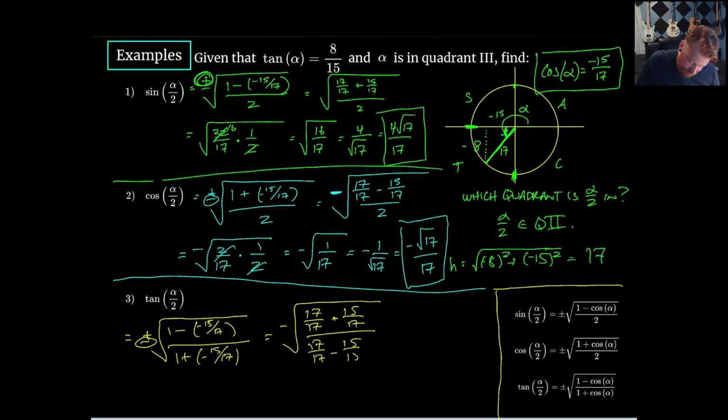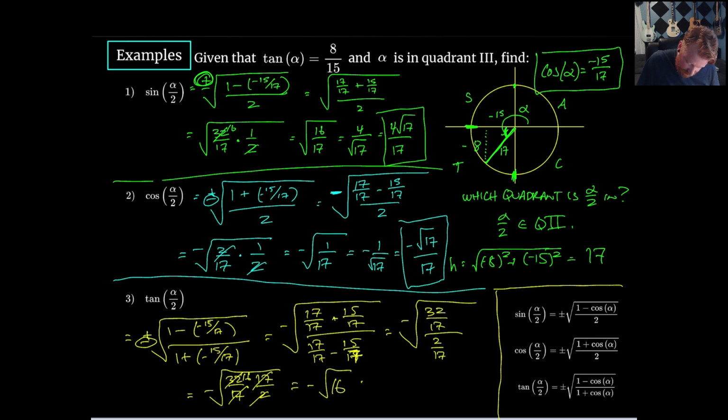This is going to give me negative square root of 32 over 17, over 2 over 17, which is going to give us the negative square root of 32 over 17 times 17 over 2. That's going to reduce down to 16. Those are going to cancel. I'm going to have negative square root of 16, which is negative 4. How about that? That one worked out real nice at the end there. So the tangent of alpha over 2 in this situation is negative 4. So there we go.